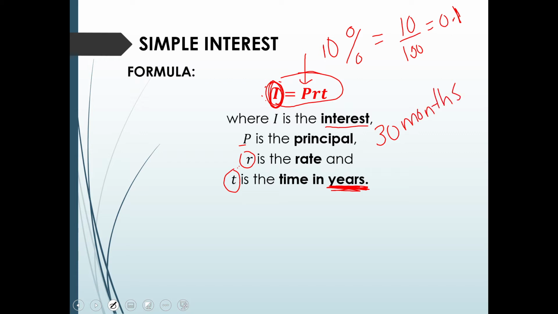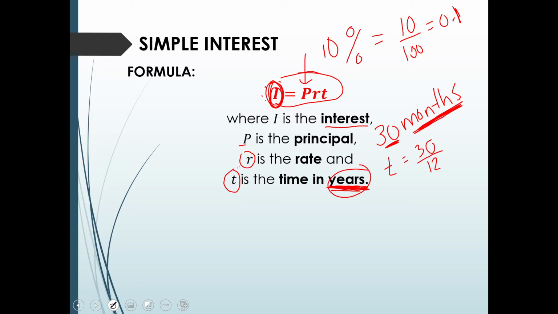If it's in months, how do we change this? Again, T should always be in years. So T will be 30 divided by 12. Everything in months you divide by 12, because remember, in a year there are 12 months.